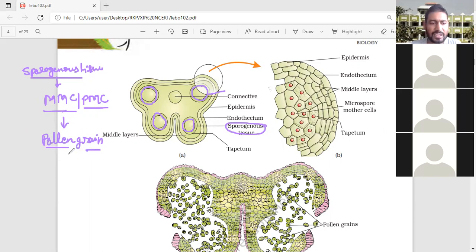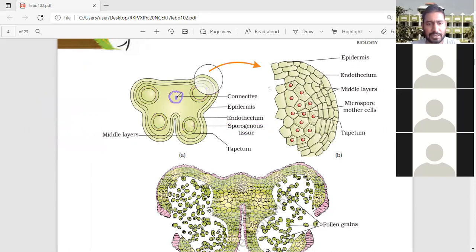Now this pollen grain, so look at here, same things they have given. This is the connective tissue, this is the intermediate, and this Microspore-tetrad has four different layers.